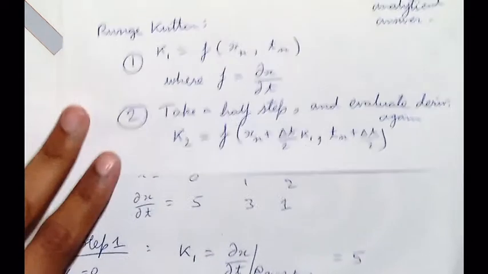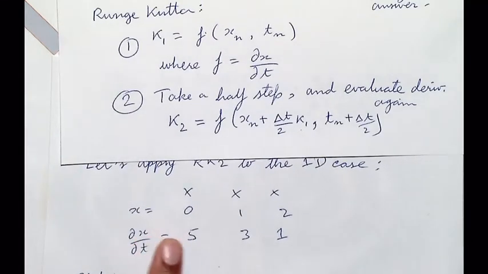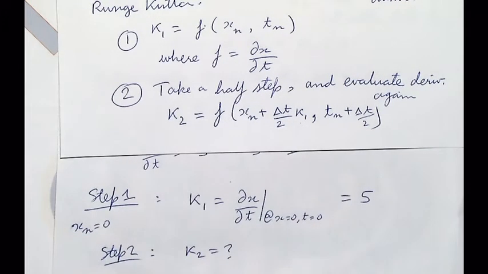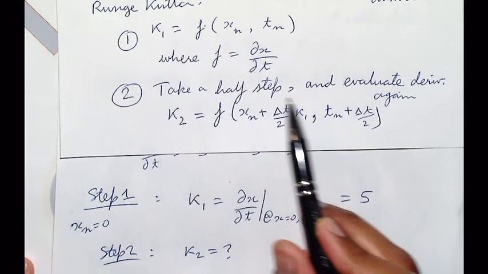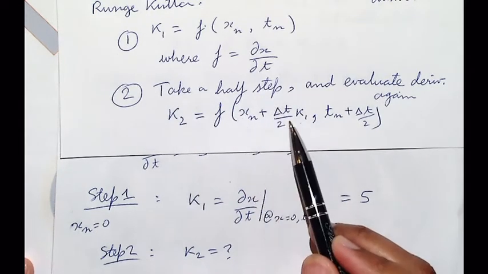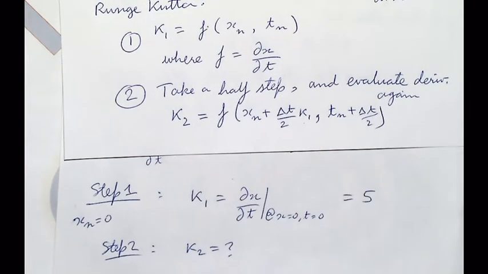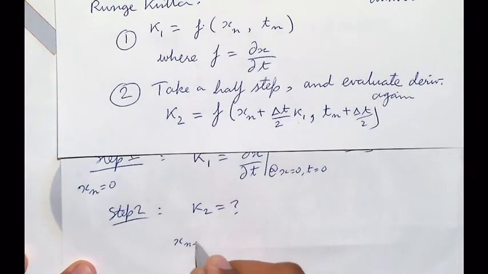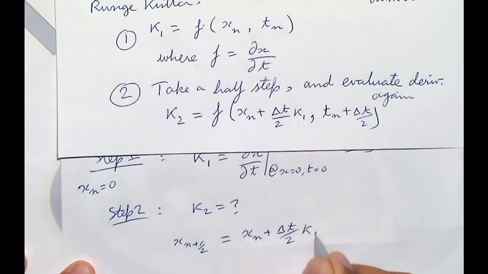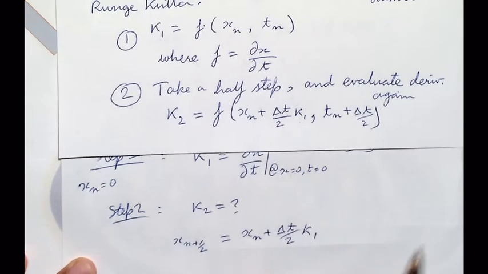So between step n and step n plus 1, what is the velocity? This is our estimate for that, right? We will take half a step from the starting point and then re-evaluate the velocity there. So the first thing we need to do is take half a step, so xn plus half is xn plus delta t over 2 times K1.